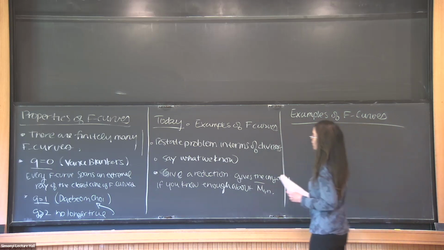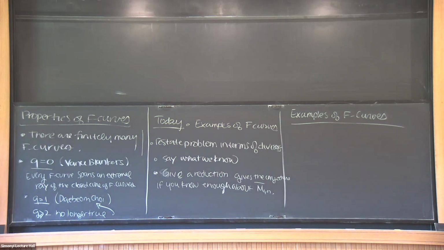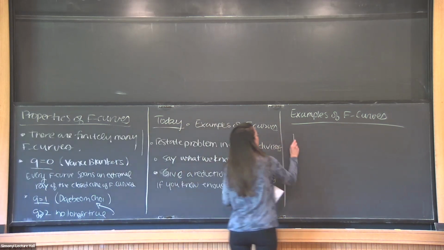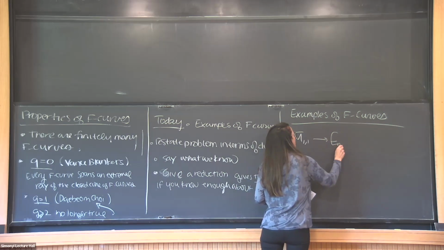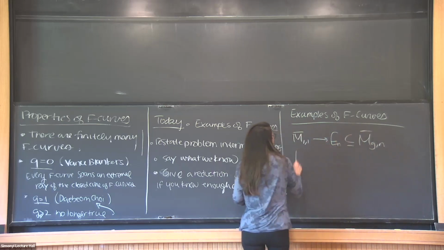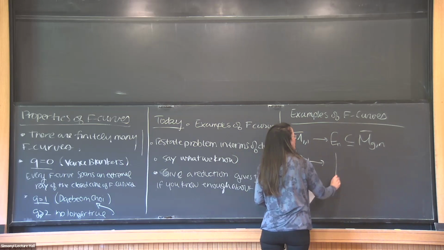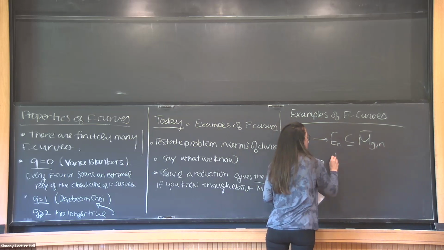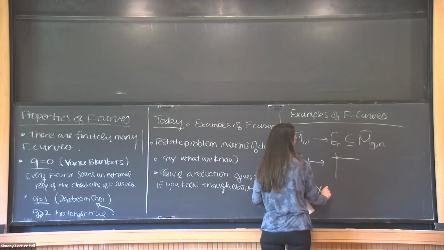The second way to define them is as images of clutching maps. There's exactly one kind that's an image of a map from M1,1. I'm going to call it E_n. You take a curve of genus 1 with one marked point. And how can you get a curve of genus g with n marked points? Well, you can attach a point. I'm going to attach a point x.